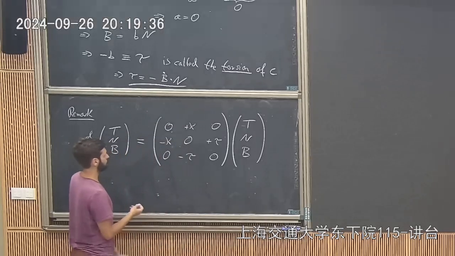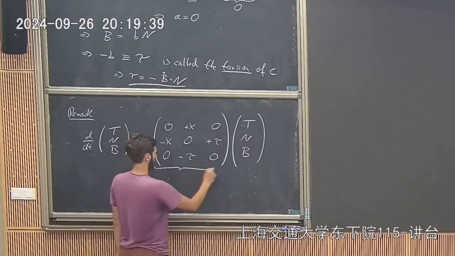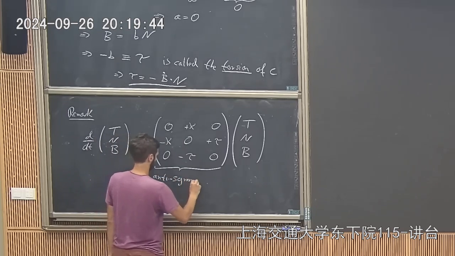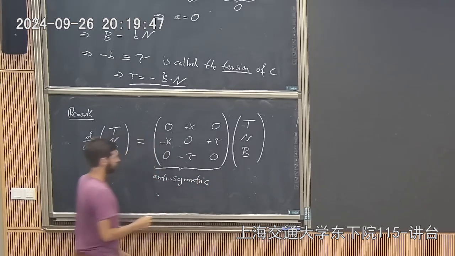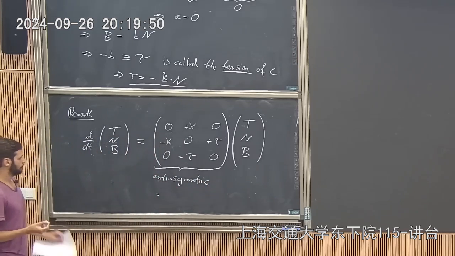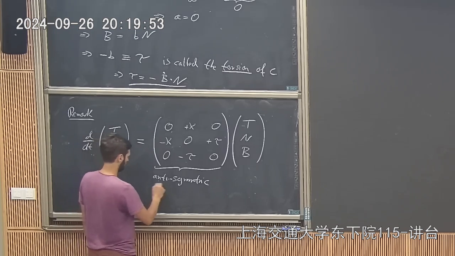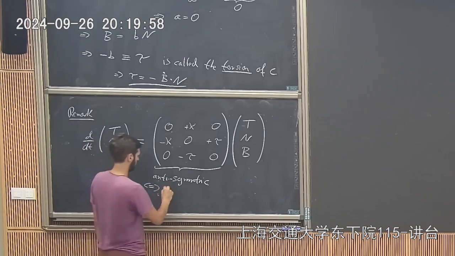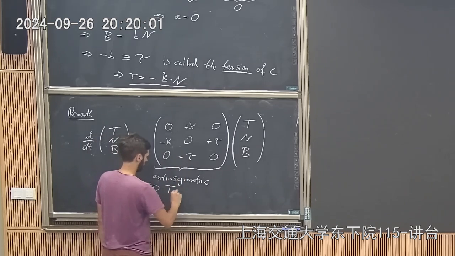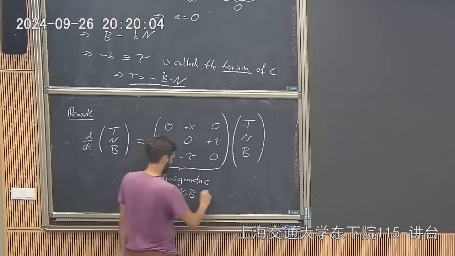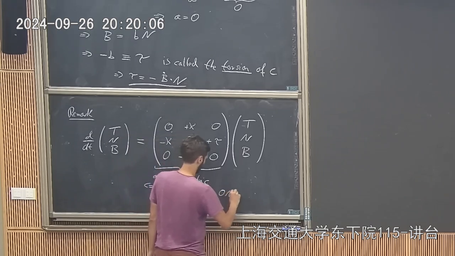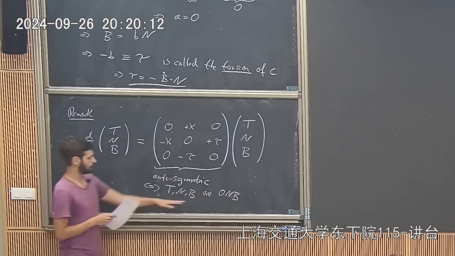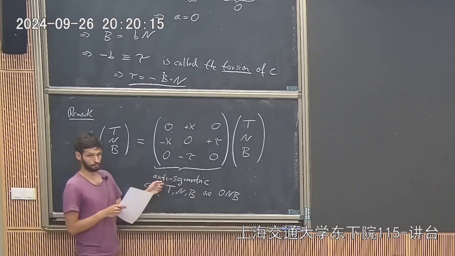We have two observations. The first one is that this matrix is antisymmetric. And essentially that it is antisymmetric comes from a very simple argument, namely it is the derivative of the fact that T, N and B are orthogonal and normalized. If you take the time derivative of that, what you get is the antisymmetric version.